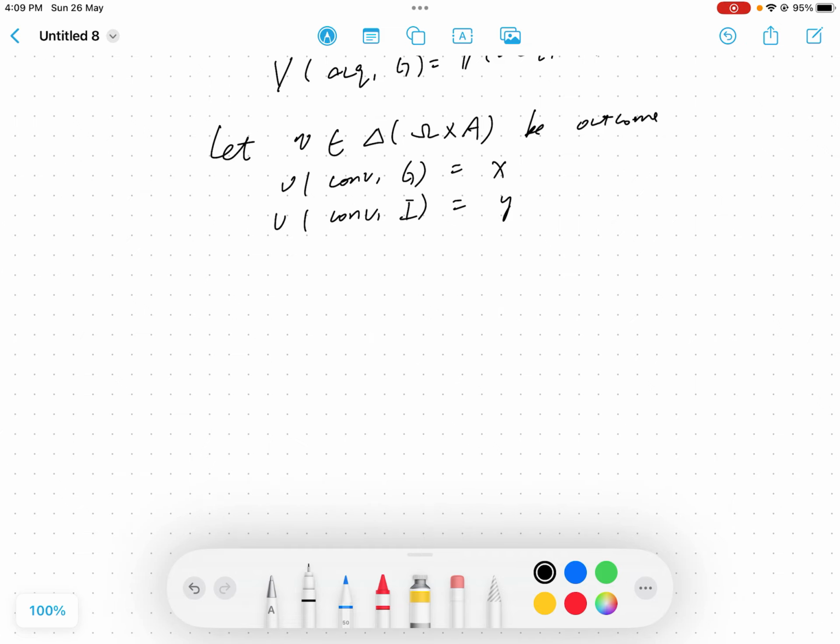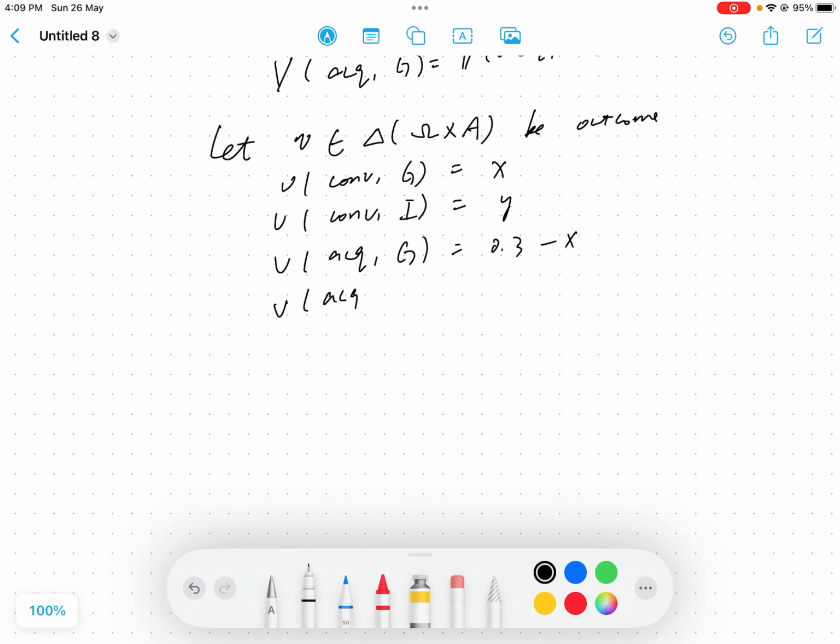Because we have the marginal probability of the v over the state equal to the prior, we can write this to be 0.3 minus x, right? Because this plus the first v should be equal to the prior 0.3 for the g person.